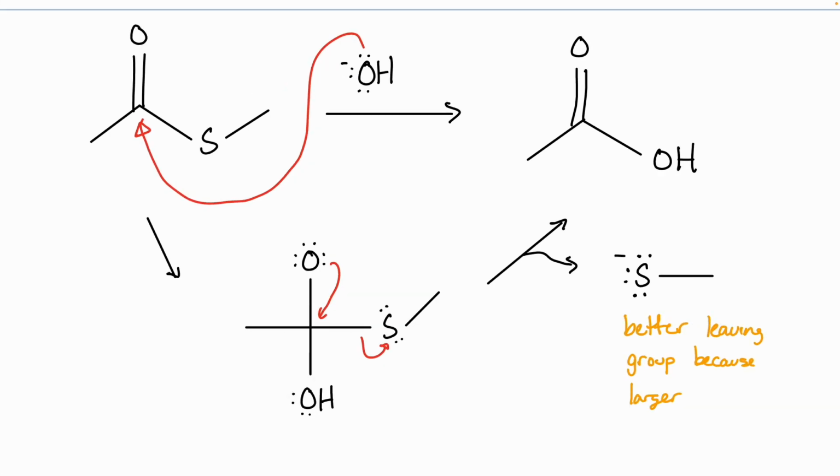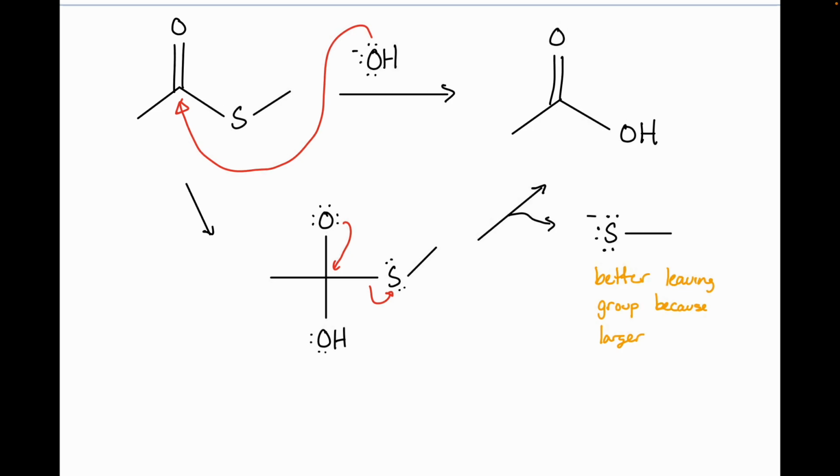So again, we do our nucleophilic attack. Here's our tetrahedral intermediate. Is there a good leaving group? And we kick off that good leaving group. So these are our substitutions from our more to our least reactive carboxylic acid derivatives.